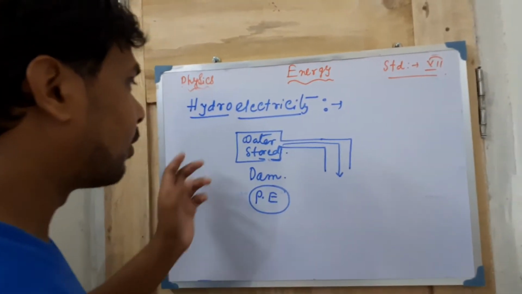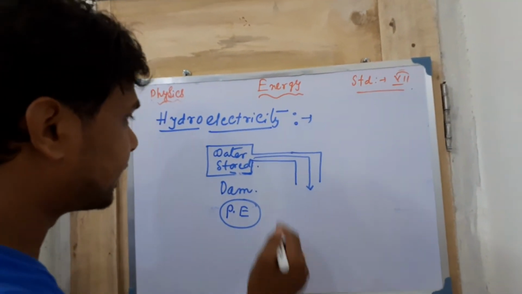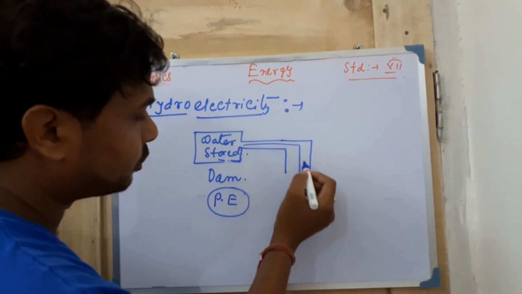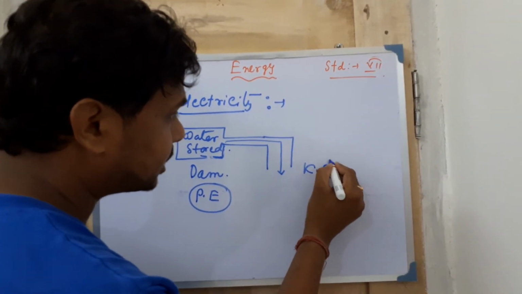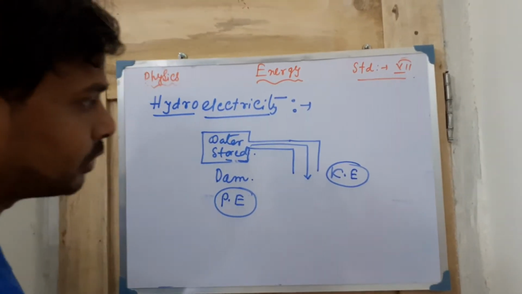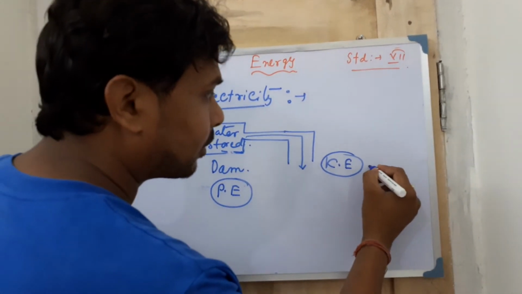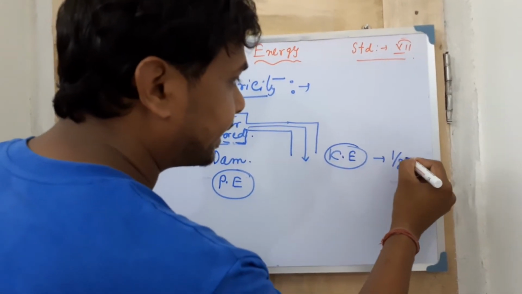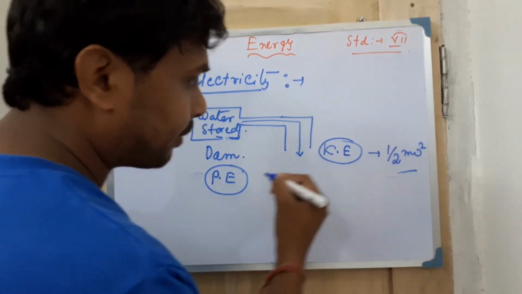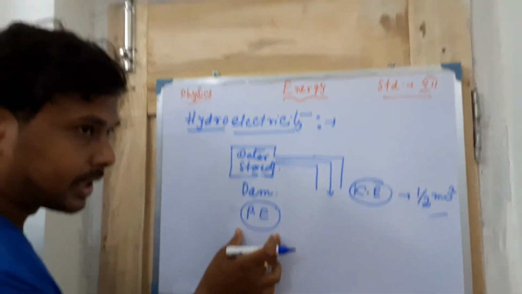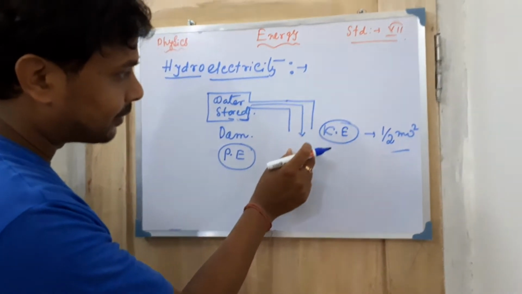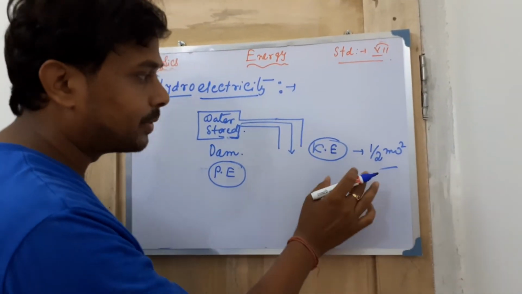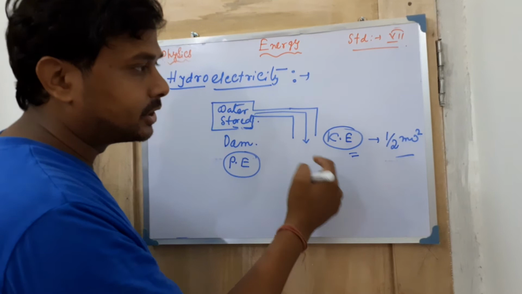Now when the water flows through the pipes with a very high speed, we get kinetic energy from the water. In a rest position, potential energy is there. When it moves with a very high velocity, kinetic energy is acquired by the water.